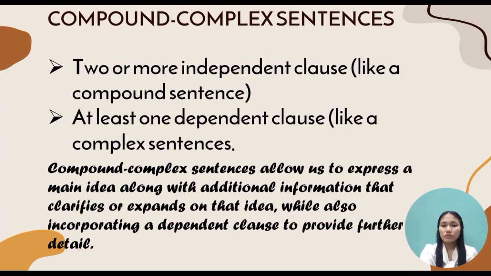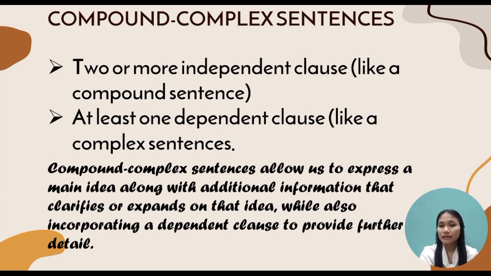So next, we are going to talk about a compound-complex sentence. When we say compound-complex sentence, it is the combination of the two things that we talked about earlier, the compound and the complex sentence.